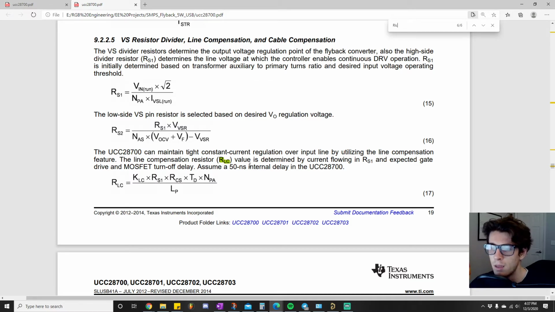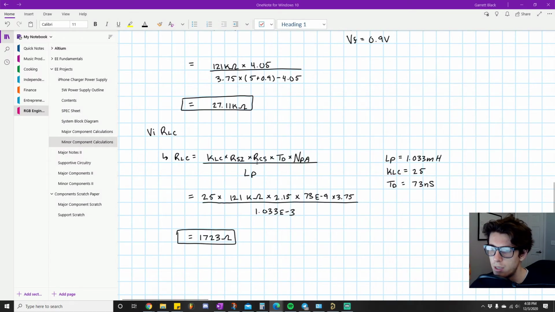Anyways, it tells you RLC is equal to K sub LC times RS1 times RCS times T sub D times NPA over LP. We already have LP because we solved for that value. T sub D, let me see if it mentions what T sub D is.